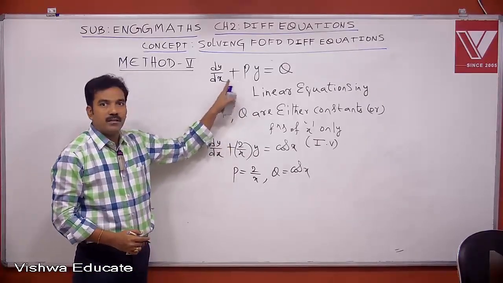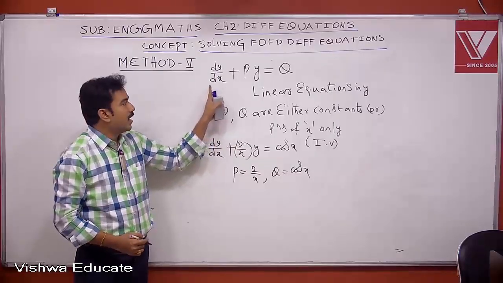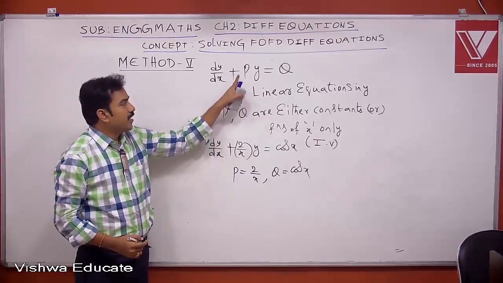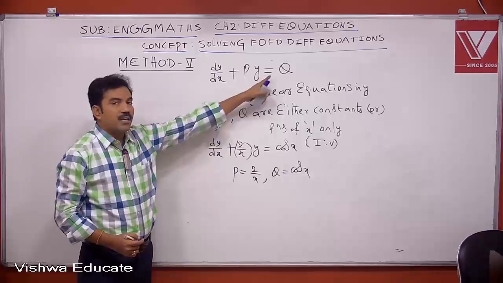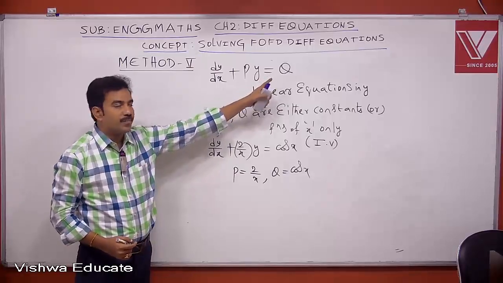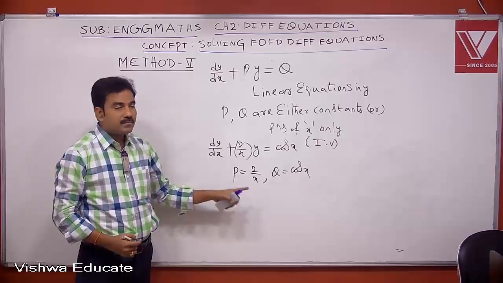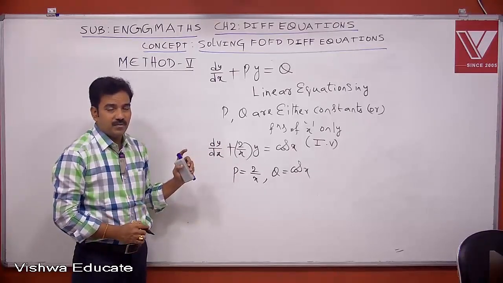The equation must be in this form, a first order first degree equation, dy by dx plus py equal to q. P can be either a constant or a function of x only. The same is valid for q also. Q is either a constant or a function of x only. In that case, the equation is called a linear equation in y.